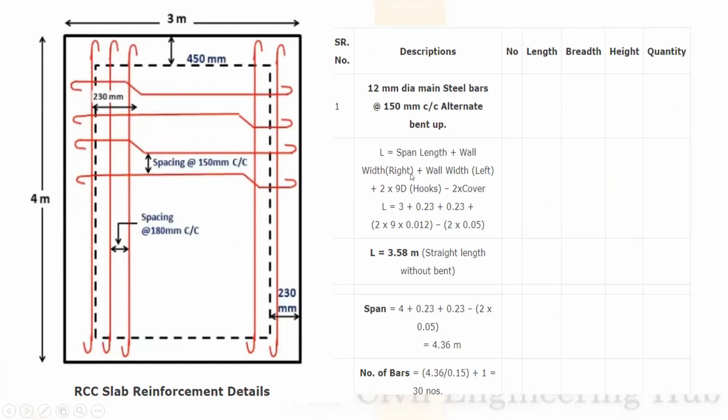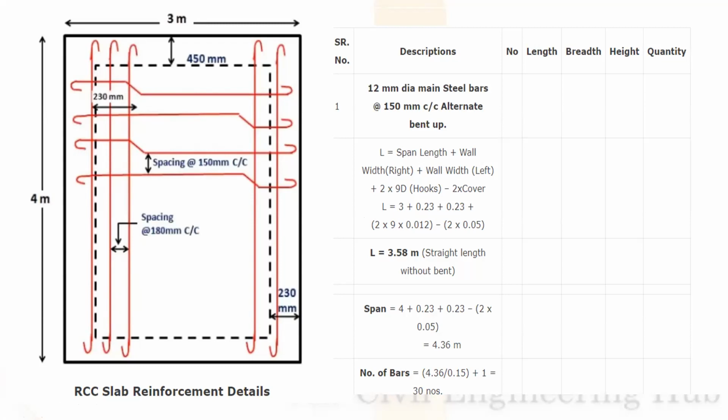L, that is the span length, plus wall width on the left direction, plus 2 into 9d, that is the hooks, minus 2 covers. That means L is equal to 3 plus 0.23 plus 0.23 plus 2 into 9 into 0.012 minus 2 into 0.05. So the length will be 3.58 meter.